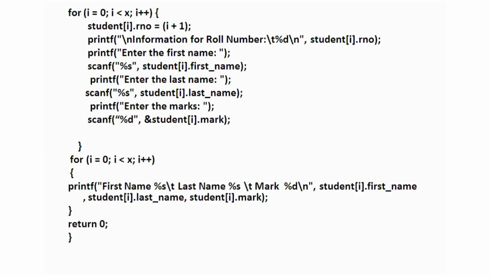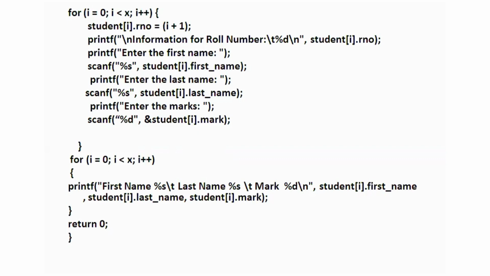Instead of printing all the variables immediately, one after another, we print enter the first name, scanf of %s, student[i].first_name, printf enter the last name, scanf. After receiving all the input, finally I have printed all the output using one more for loop. In the first for loop I am receiving the input from the keyboard, and in the second for loop I am using the printf statement and printing it on the screen.